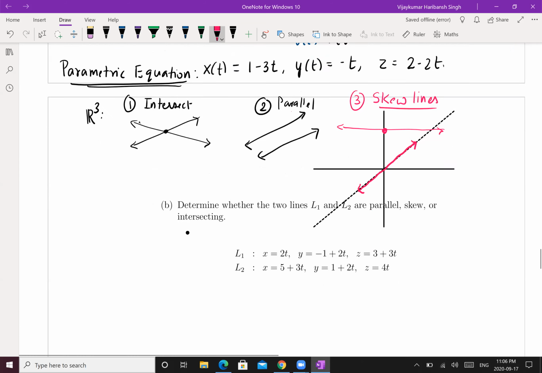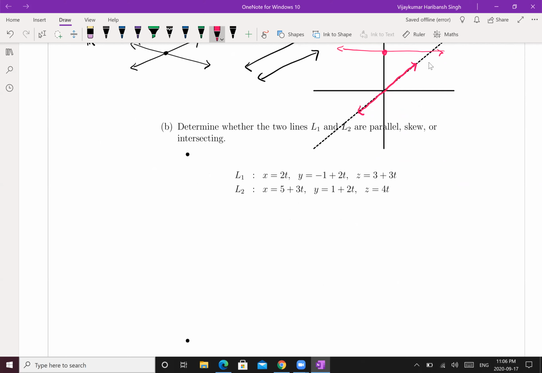Now let's determine whether the following lines L1, L2 are parallel, skew, or intersecting. How would we go about it? First, we see if they are parallel. V1, the direction of the first line, is (2, 2, 3).